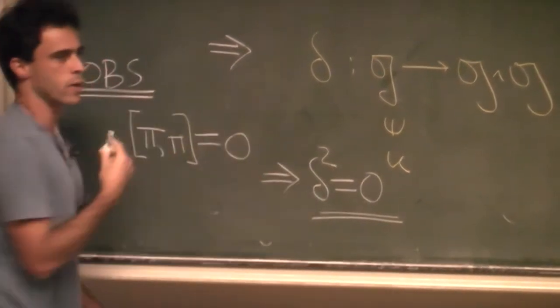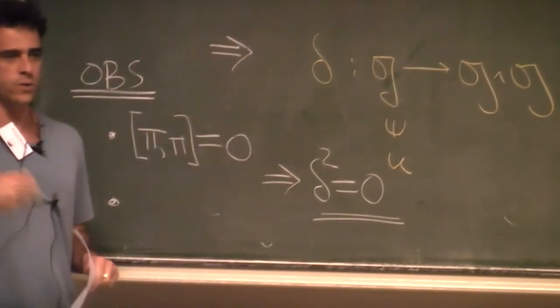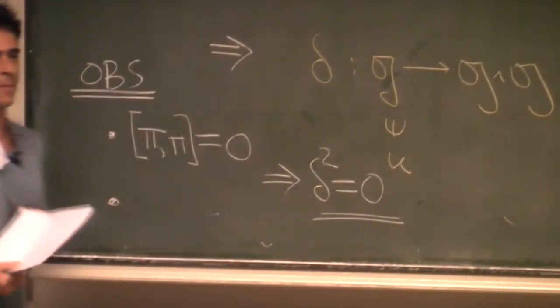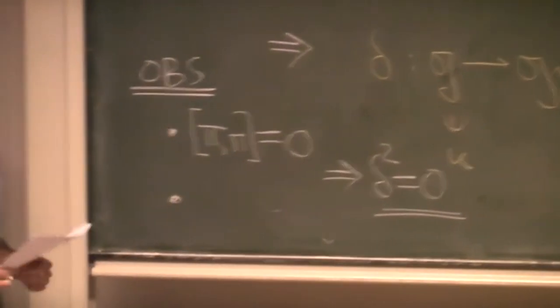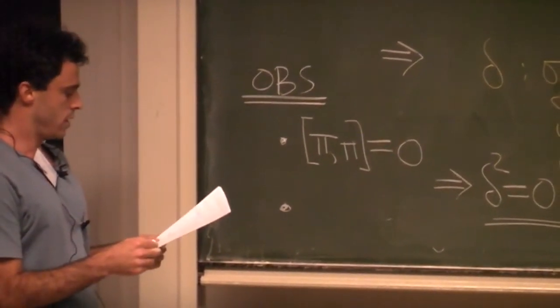And what do I mean by square to 0 if it's only defined here? You extend it in the usual way using Leibniz for the higher powers, with signs always. So I won't get into all the signs. So that's the first condition.